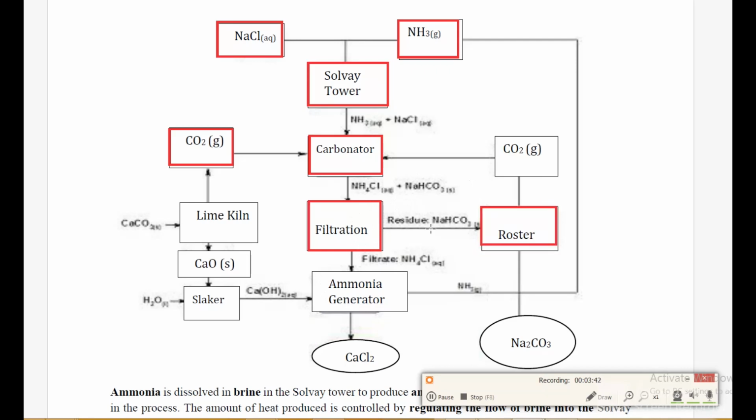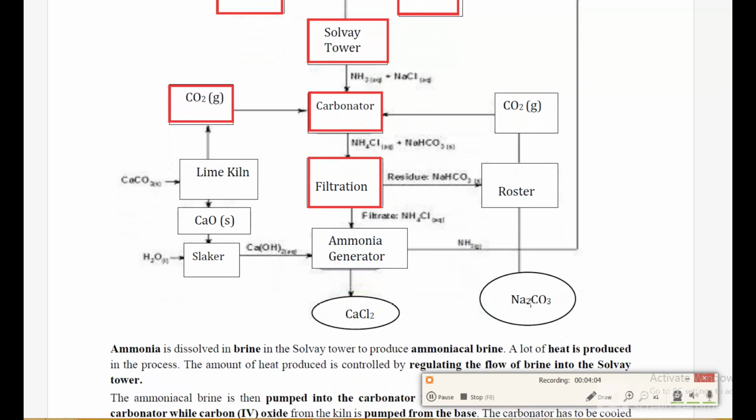The residue is sodium hydrogen carbonate. It is taken to the roaster where it is heated to produce sodium carbonate. In the process of heating in the roaster, sodium hydrogen carbonate produces carbon dioxide which is recycled. So this is a recycling of carbon dioxide which enters the carbonator again. So tumemaliza hapo mambo venye sodium carbonate inatoka.